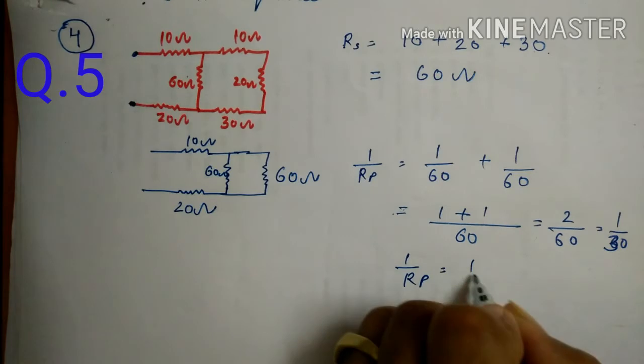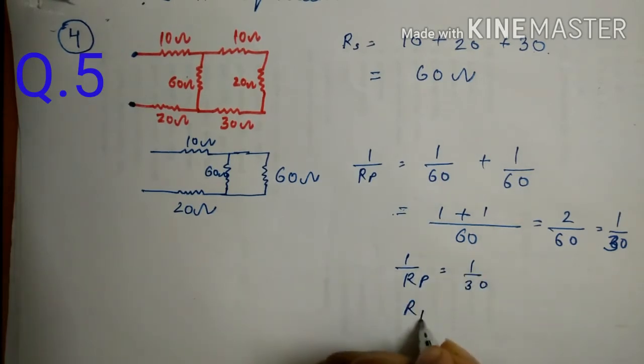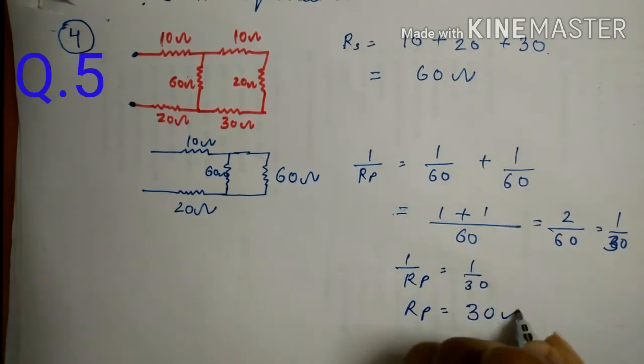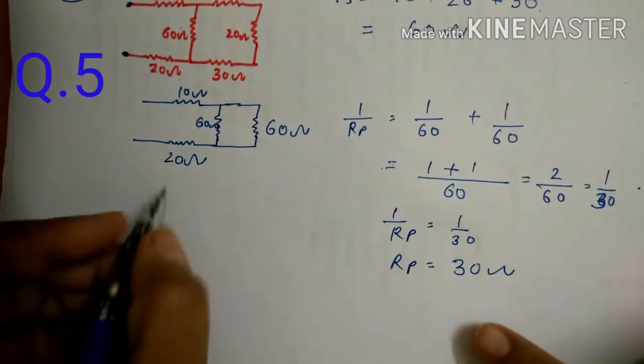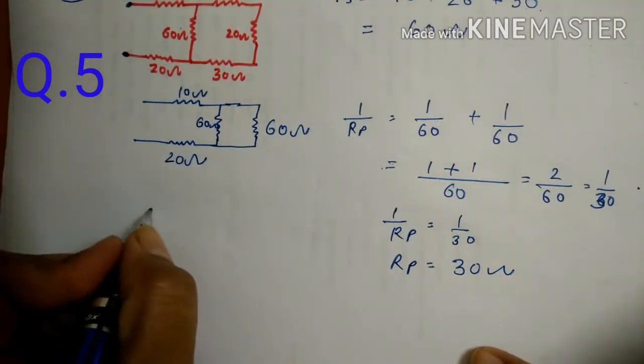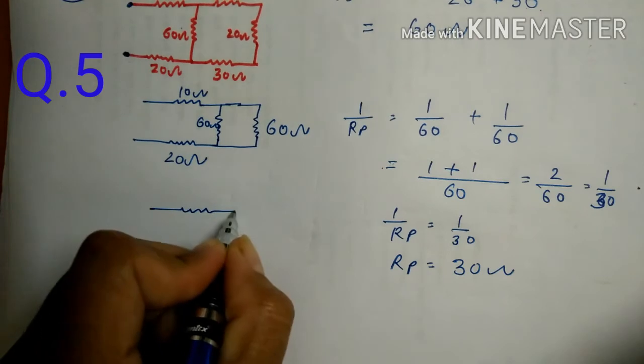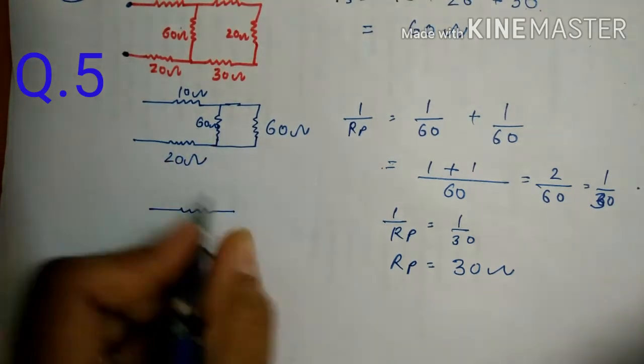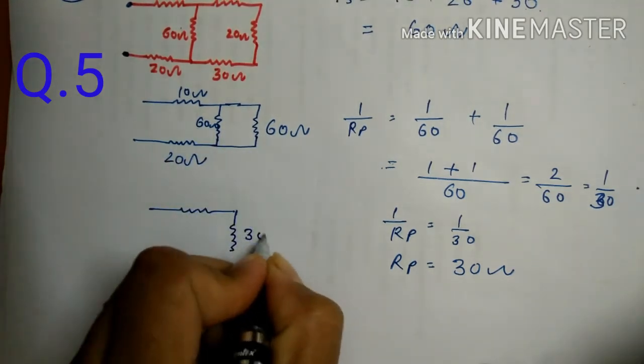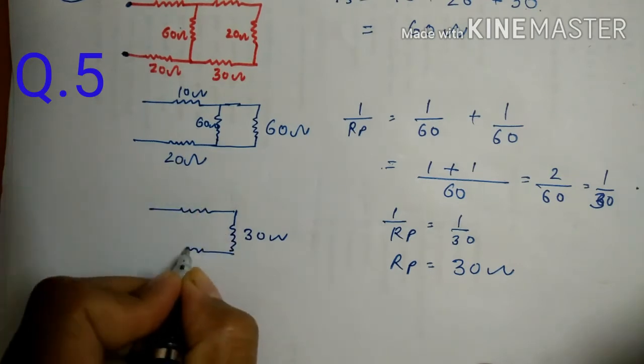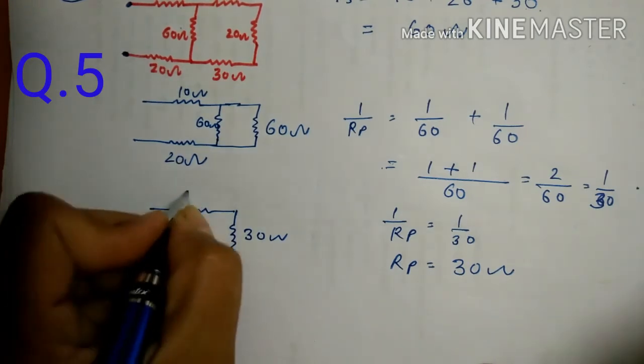So 1 upon Rp, 1 upon 30, or parallel will be 30 ohm. Okay. Now we can make the circuit like this: 10 ohm, 60 we have solved, it is 30 ohm, and 20 ohm.